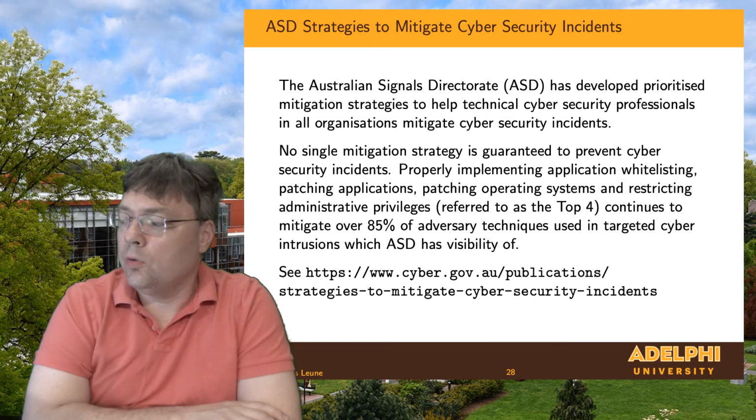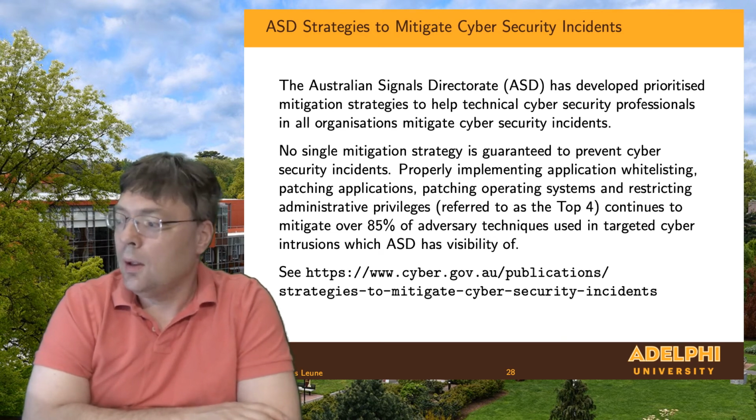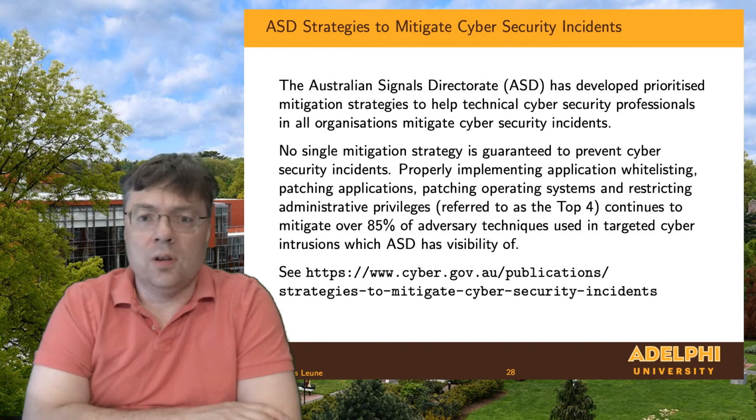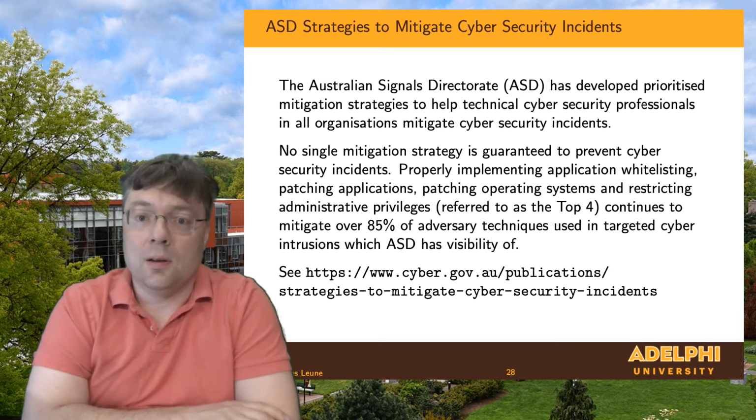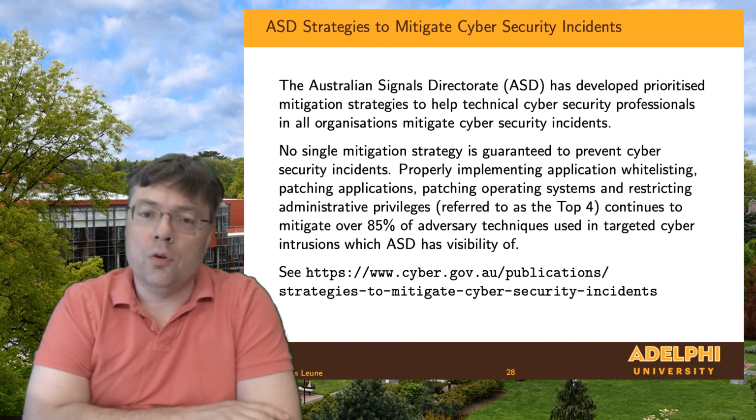If we look closer at these strategies, and see if I have those on a slide. No, we don't. We might start seeing things like application whitelisting. It's a very effective strategy, which basically enables a computer only to run the software that it trusts. Unfortunately, operationally, it is very difficult to actually achieve that level of control over a computer system.